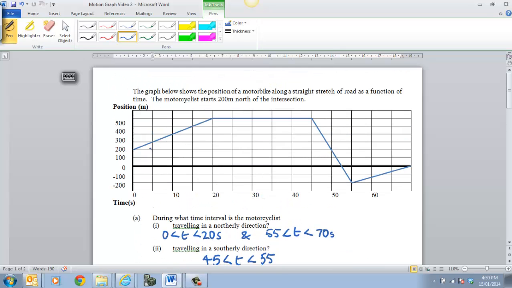Now, along this line here, the velocity is going to be the same. It's constant because it's a straight line graph. So remember what velocity is: the change in the distance over the time, or displacement over the time. It's going from 200 up to 600, so it's going 400 metres in 20 seconds.